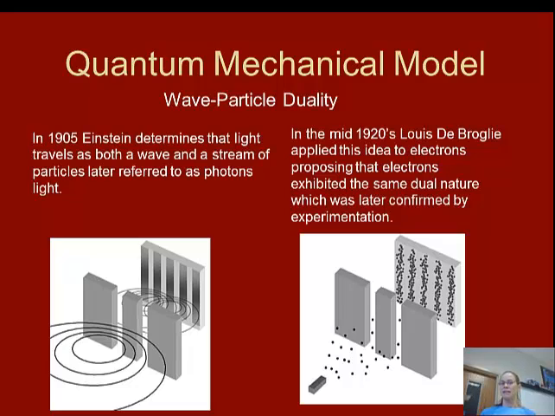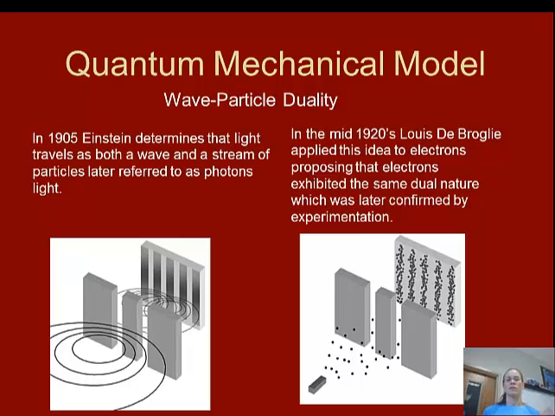And again, Einstein's studies of light helped pave the way for Louis de Broglie to apply this idea to the behavior of electrons and other particles. So Max Planck initiated the study of light, the quanta of light, and photons of light.